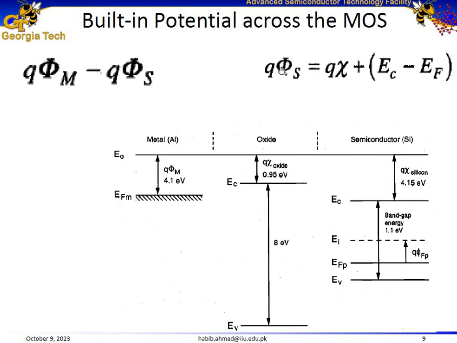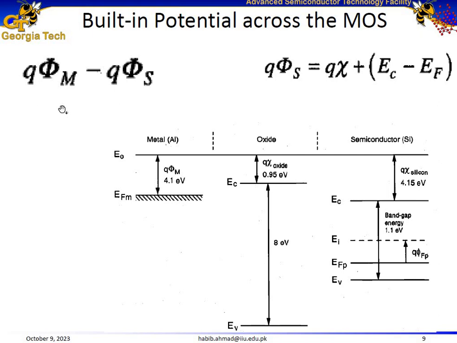We can calculate it using this simple formula. The work function of the semiconductor is equal to q chi, where chi is the electron affinity, plus EC minus EF, the energy difference between the conduction energy level and the Fermi energy level.